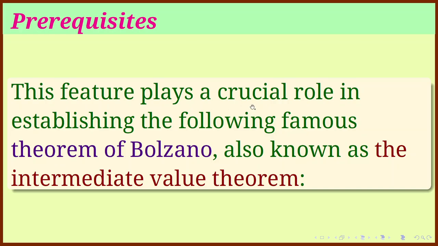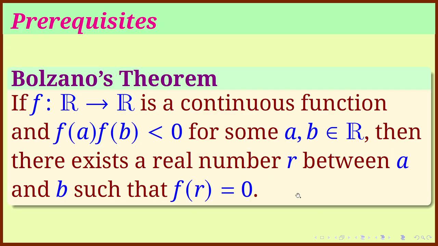This feature plays a crucial role in establishing the following famous theorem of Bolzano, which is also known as the intermediate value theorem. What is it? This is the one, Bolzano's theorem. If f from R to R is a continuous function and f(a) and f(b) have opposite signs. See here, if f(a) is positive, f(b) is negative. If f(a) is negative, f(b) is positive.